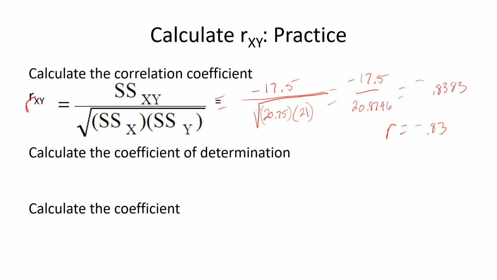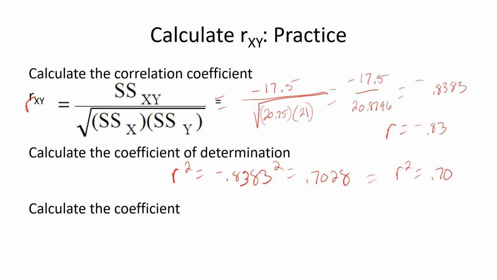Next, we're going to calculate the R squared. So calculating the R squared, we're going to take that negative 0.8383 and square it. So we get 0.7028, or R squared equals .70.